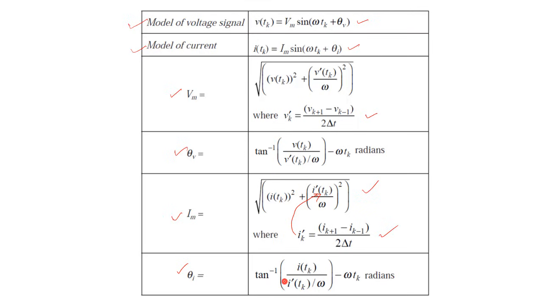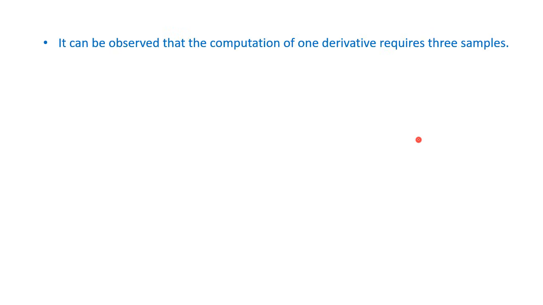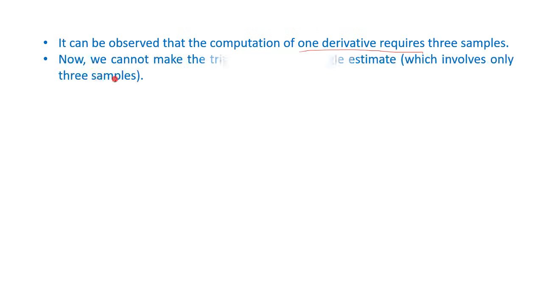Similarly, the expression for theta I is tan inverse of Itk by (I dash tk by omega). So this is the summary of the Mann Morrison algorithm. Now it can be observed that the computation of one derivative requires 3 samples. This is very important, right?